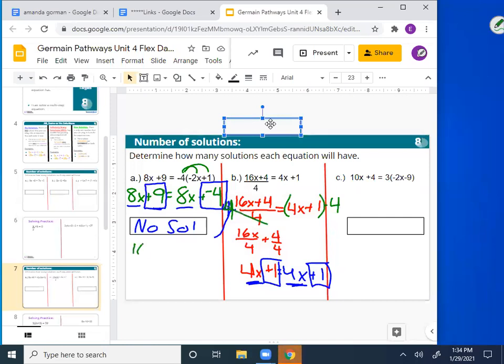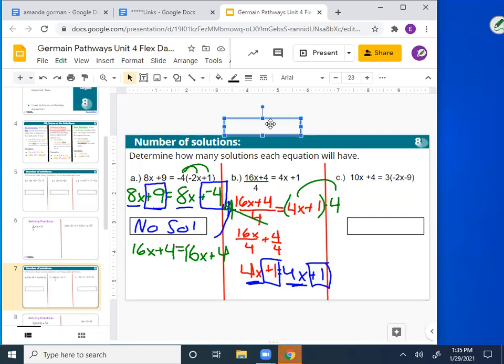Canceling out. 16x plus 4 is equal to 4 times x is 16x. 4 times 1 is plus 4. Even though it's larger, you see how it got larger? Both of the variables are still the same. Both of the constants are still the same. You maintained equality, you just did a different operation.